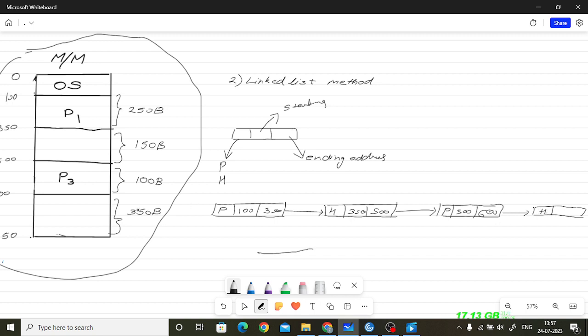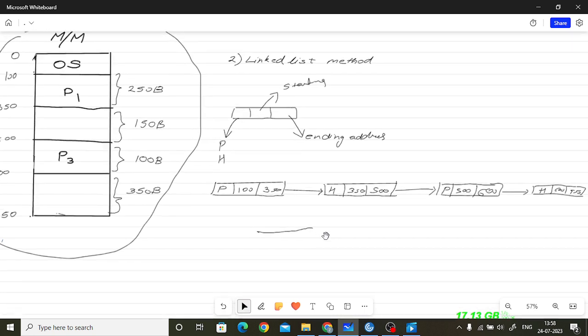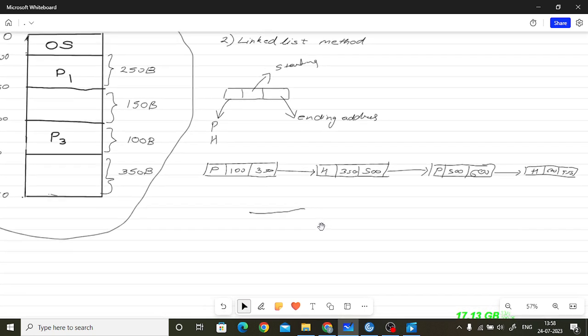The starting address is 600 and the ending address is 950. Okay, so in this manner the linked list method is going to represent our memory, and the operating system will use this information in order to allocate processes into the main memory.